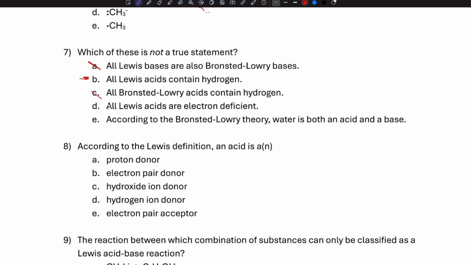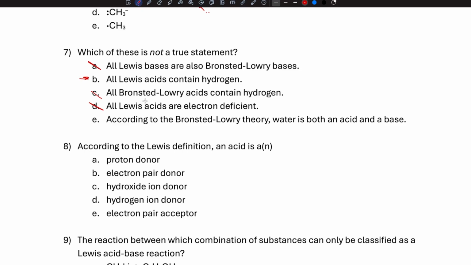These fluorines are super electronegative, and so they're pulling all the electrons away from boron, meaning that it is electron deficient, right? And so because you're able to accept a lone pair, you should be electron deficient. You know what I mean? It doesn't just go positive to positive or negative to negative. A negative has to be attracted to a positive. And so we can assume that this is also going to be true.